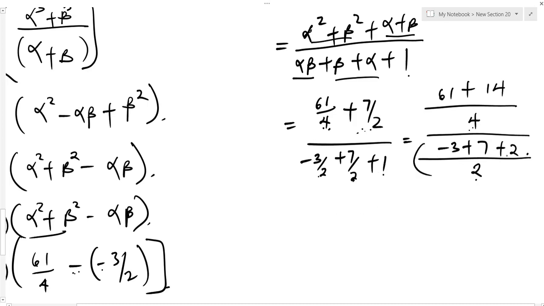Now we have this and this. Now 61 plus 14 will give me 75 all over 4, divide by minus 3 plus 7 is 4, plus 2 is 6 over 2.